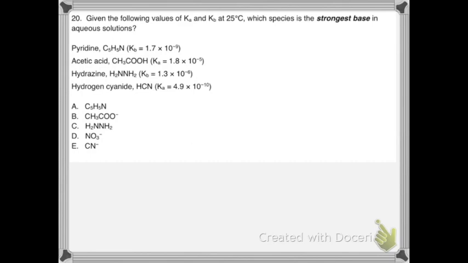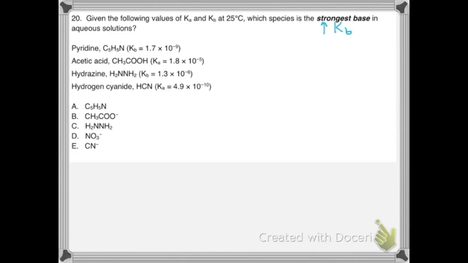Okay, number 20 is asking us to pick the strongest base from the given molecules, and they tell us what their Kb's and Ka's are. So if we want the strongest base, we want the biggest Kb.